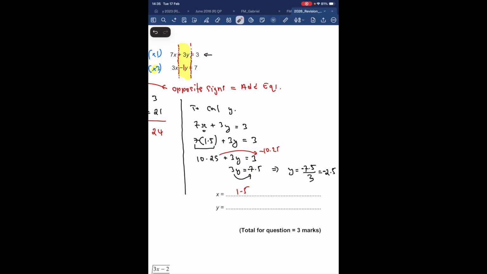And then y will be equal to minus 7.5 divided by 3, giving you a y value of minus 2.5. So our two solutions are basically x is equal to 1.5, and y is equal to minus 2.5.